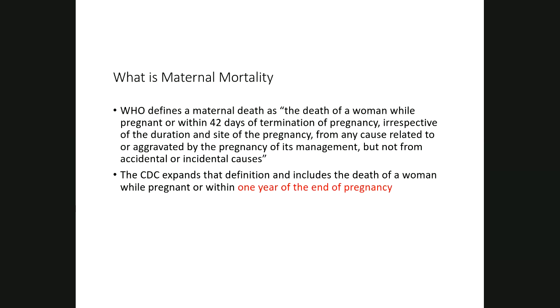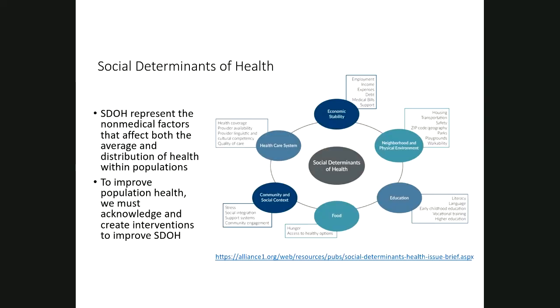I know we're all familiar with the social determinants of health, and if not, we should be, because these are all the non-medical factors that affect the health of the patients that we see in our office every day. These are often the factors that we can forget about, which can affect our patients' adherence to our medical recommendations.